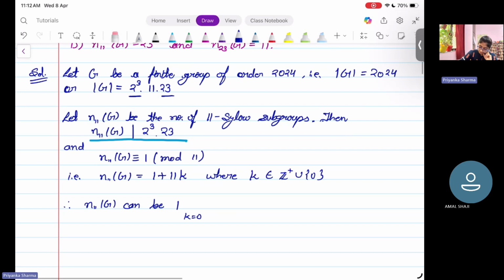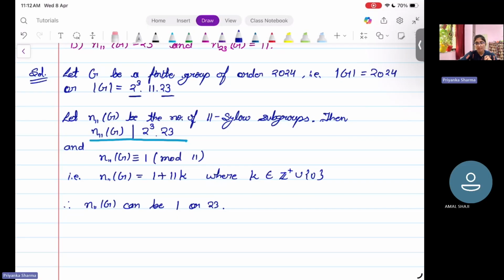Now, what about k equal to 2? For k equal to 2, N11G will be 23, and here 23 divides this. So this can be either 1 or 23. If we take k equal to 3, k equal to 4, we can check that 1 plus 11k will not be a divisor of 2 cube into 23, so these won't be cases. So N11G can be either 1 or 23. It will depend on whether the group is an abelian group or not.